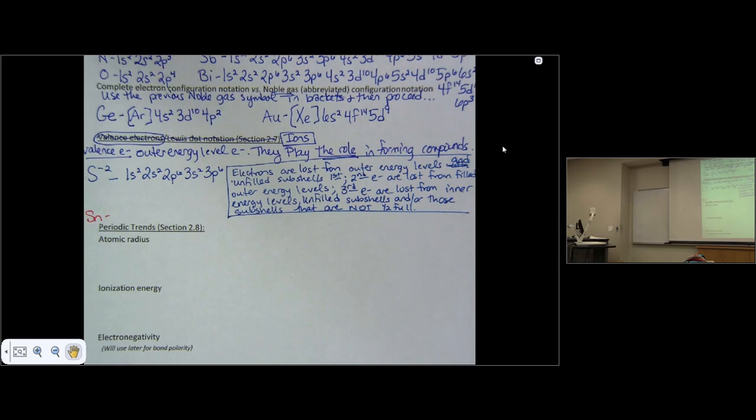Guys, the question was, can you use noble gas configuration when you're doing ions? No. Because it gets too confusing on what's lost. So on tin, do the whole thing. I know it's long. Do the whole thing, though.